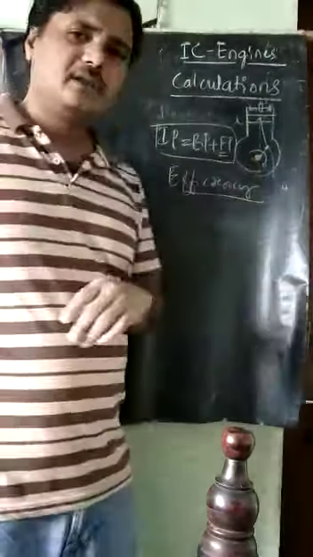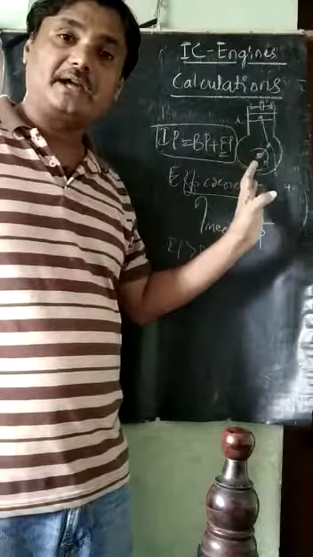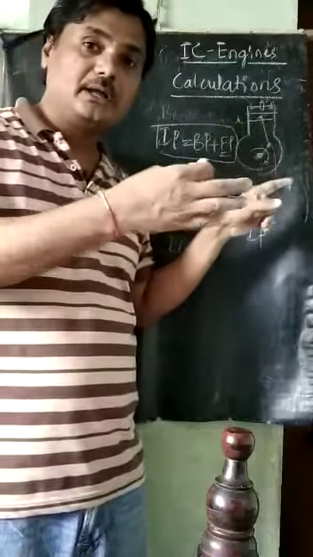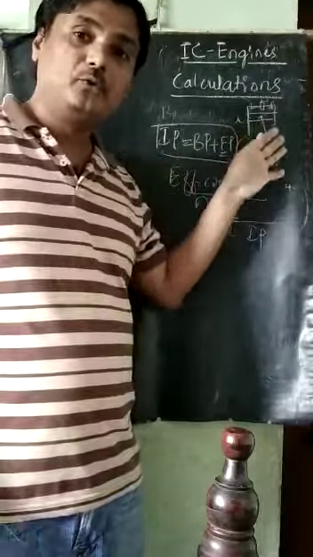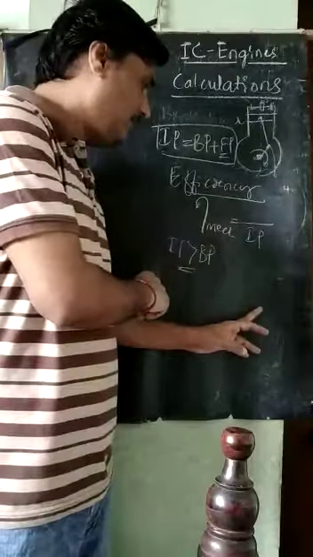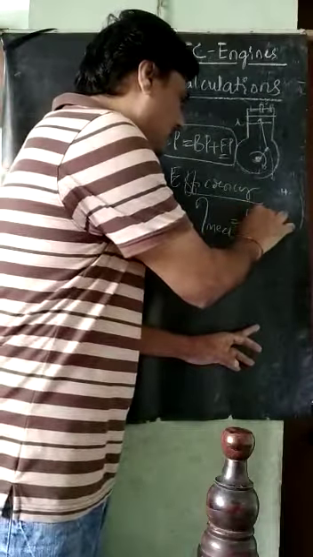Why is IP always greater than BP? Because indicated power is developed in the cylinder, while BP is in the crankshaft. While converting from IP to BP, some losses are happening. That's why IP is always greater than BP. Therefore indicated power is in the denominator, and BP is in the numerator.